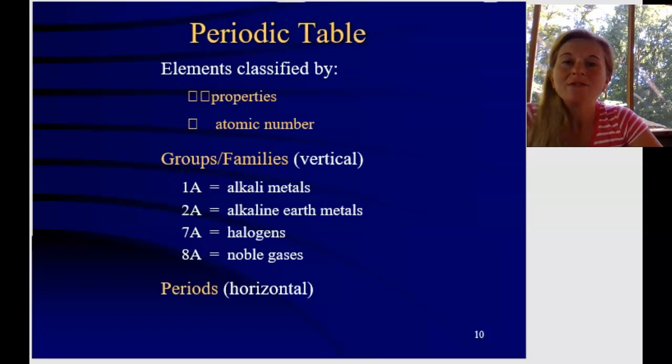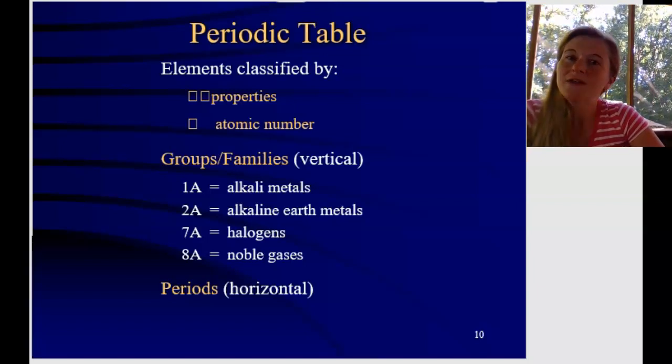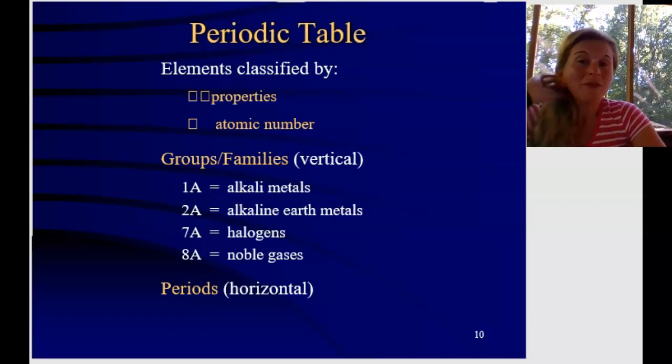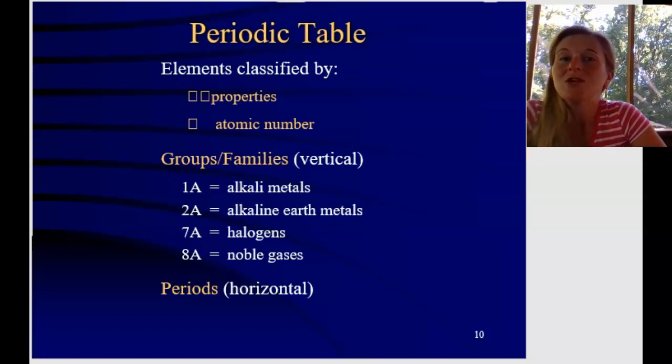And that gives elements their ability to bond and a lot of their characteristics and behaviors. And so that's why we call those vertical columns families, because all the elements are a little different. They're individuals, but they behave like they're related to each other, just like you and your family.